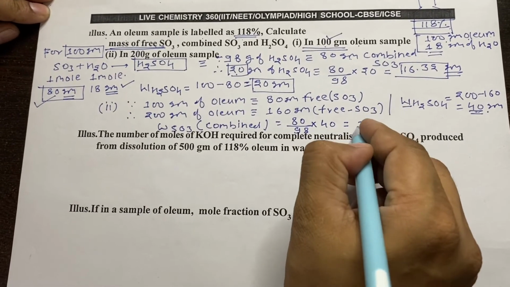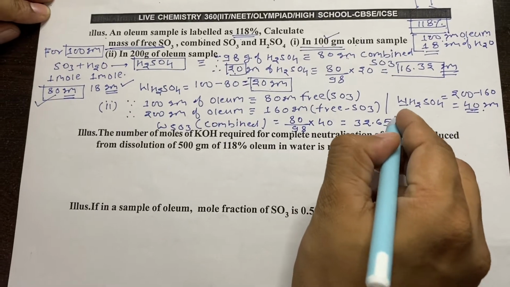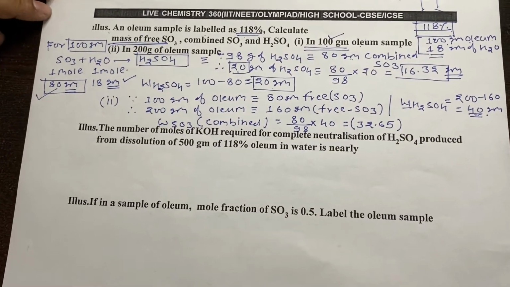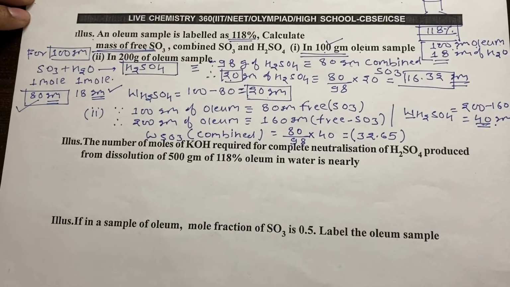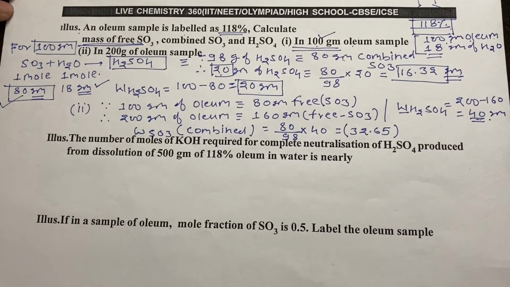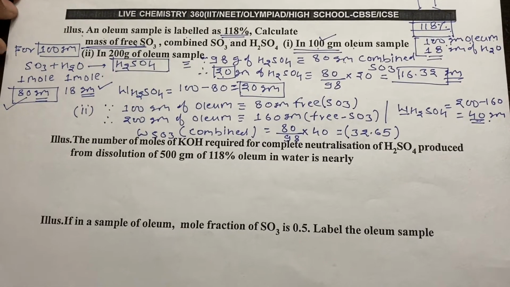This will give 32.65 gram. So this is the way to calculate the free SO3, the amount of H2SO4 and the combined SO3.